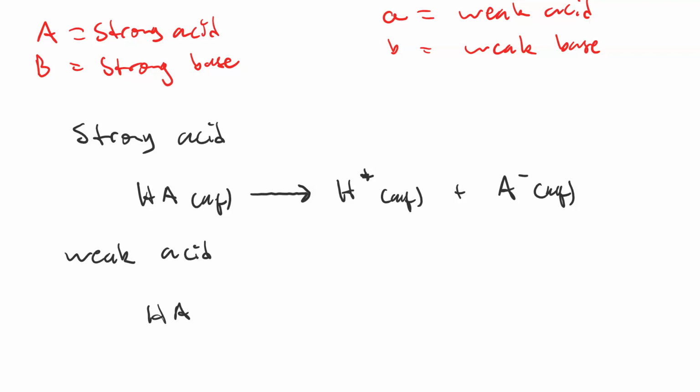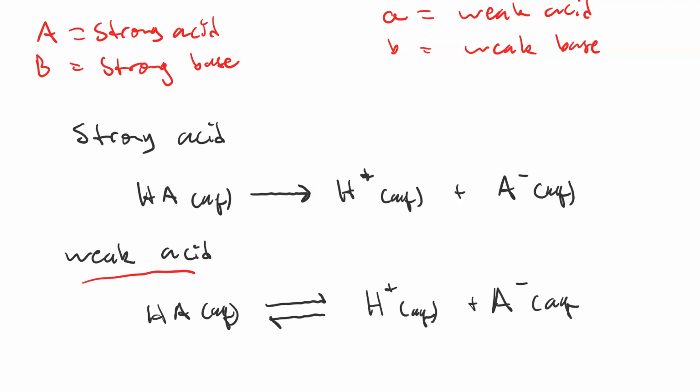Here's your acid formula, HA, and on the product side we get H+ ions and A- ions. So, what's the difference? The weak acid uses this double-headed arrow to show that the ionization is less than 100%. Therefore, the ion concentration in solution should be lower, and the conduction of electricity is not as good.